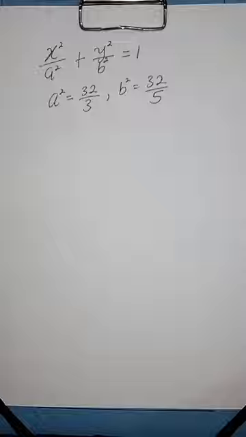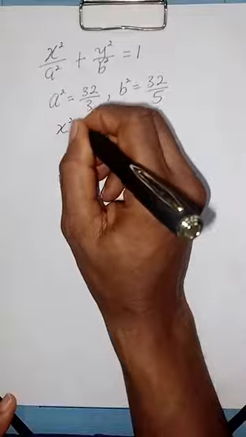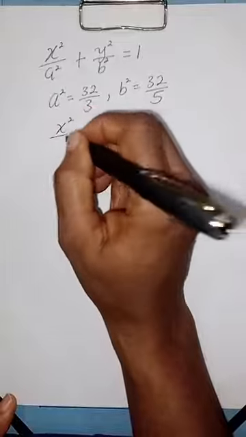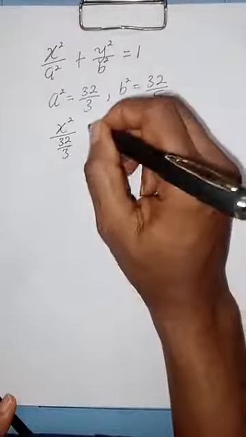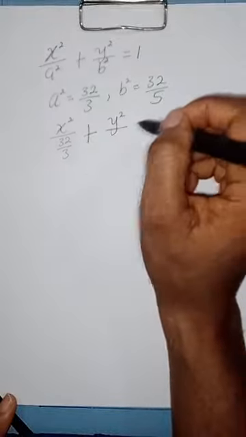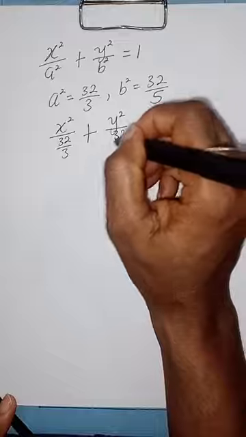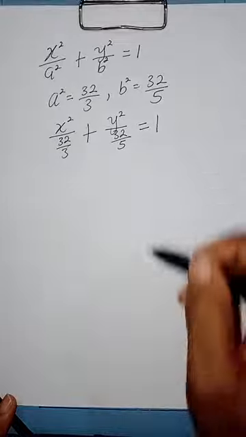Now, how can we apply the result of the a square and the b square in solving the equation of an ellipse? We've gotten the value of a square, so it's going to be x square divide a square, which is 32 divided 3, plus y squared divide b square, which is 32 divided 5, all equal to 1.